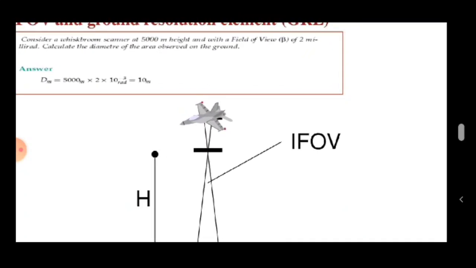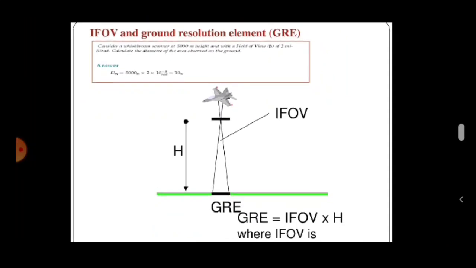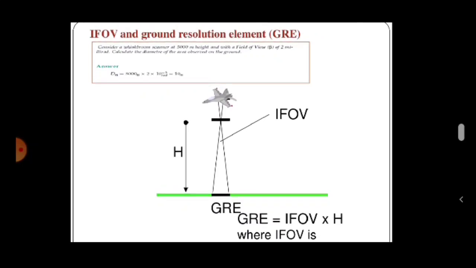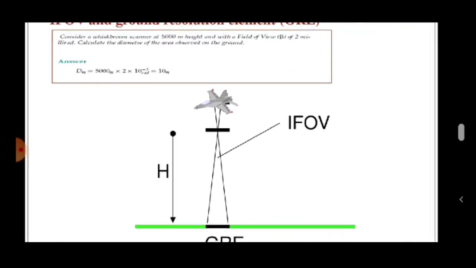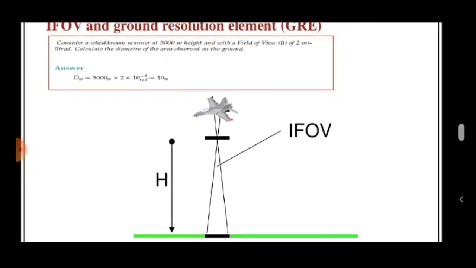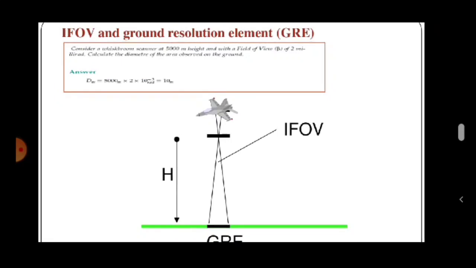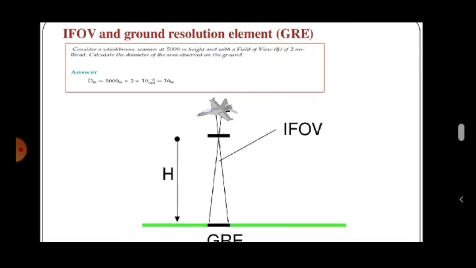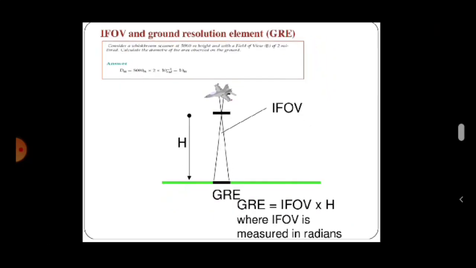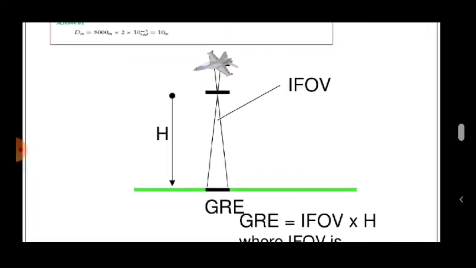To answer this question, you have to have an idea about pushbroom scanners, and I'm not going to describe them here. We will talk about scanners in a whole other lecture.